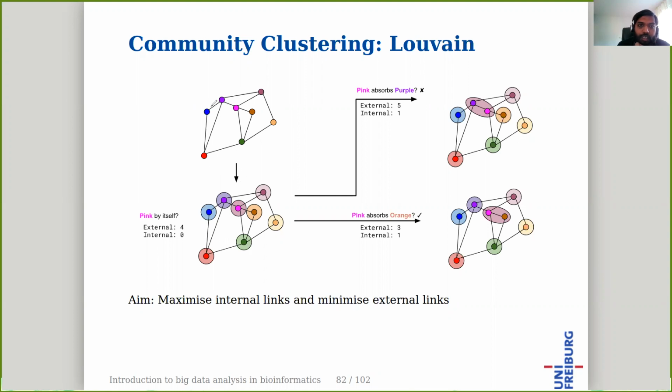So each of these colored nodes gets its own cluster. This round circle defines the cluster, so in the first iteration each cluster has only one node.